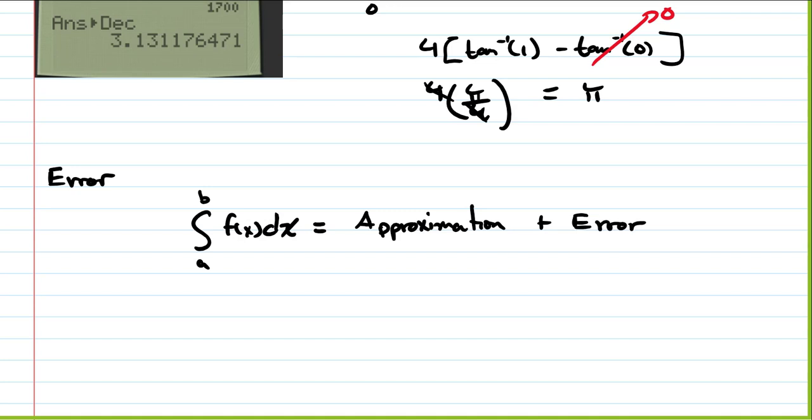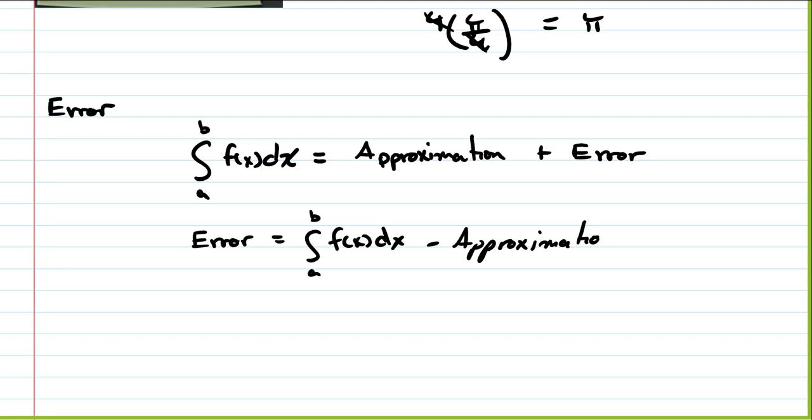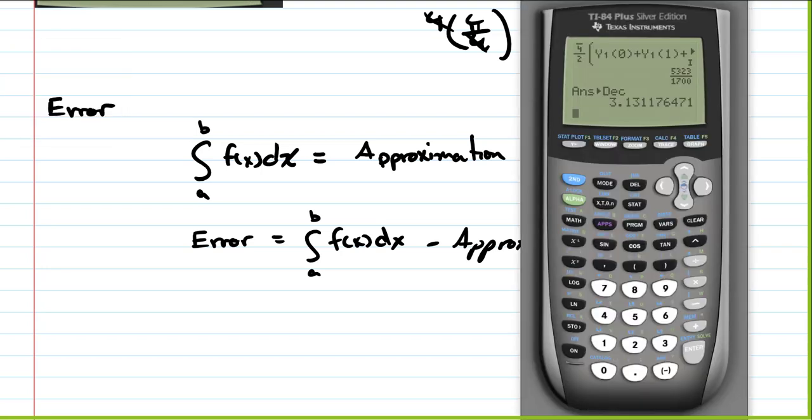Or in other words, the error is going to be the difference between the actual value of the integral and the approximation. So in our previous example, our error would have been pi take away the approximation that we just got. So that would be the error in our approximation of that integral.